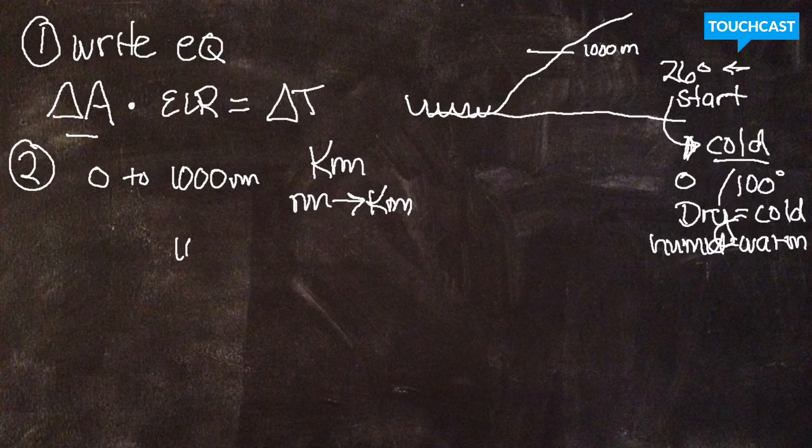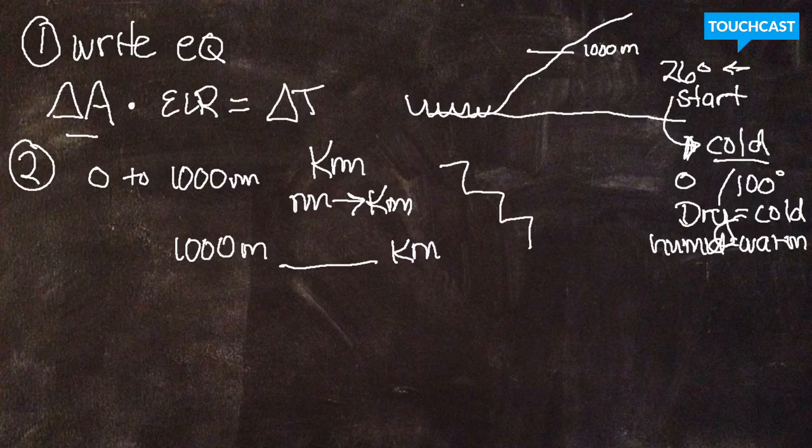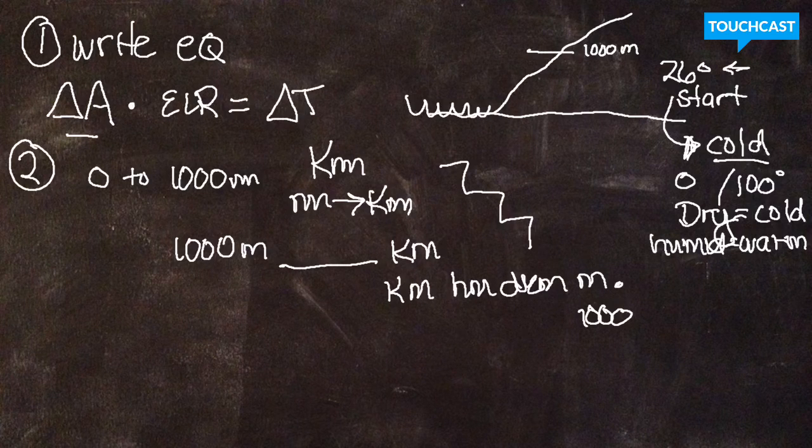And if you remember these problems where you had the little stair steps, kilometers, hectometers, decameters, and meters, we have 1,000. We're starting here, 1, 2, 3 bubbles, 1, 2, 3 bubbles. So we know that we have 1 kilometer.